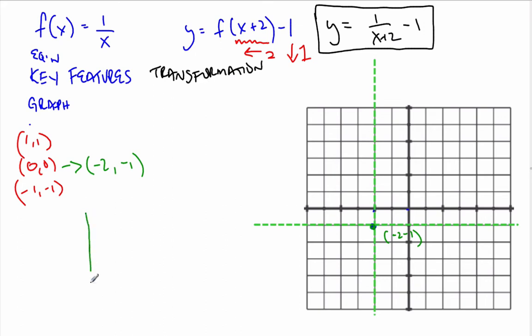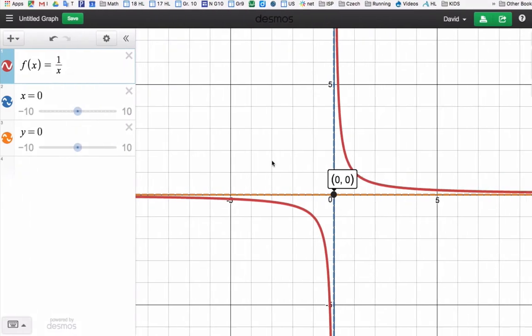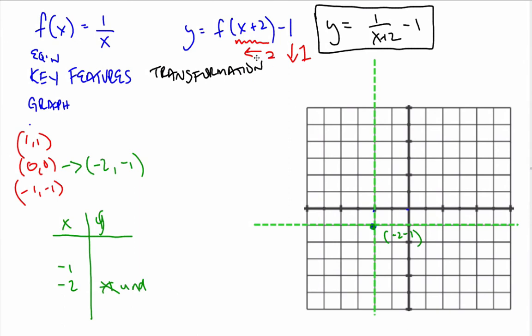Okay, if I start to make my table of values, and I start to think about where my points have changed to, I'm going to base it on negative 2, negative 1. And so negative 2, negative 1 is my key point. I'm going to then go to negative 1. And this I know is undefined. So where did the graph go to? Where did this point, 1, 1, go over 2 and down 1 to here? It's going to end up at this position.